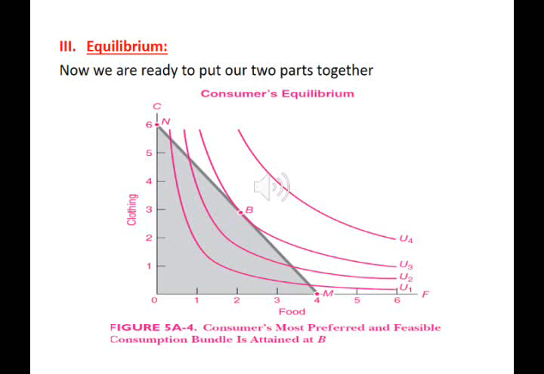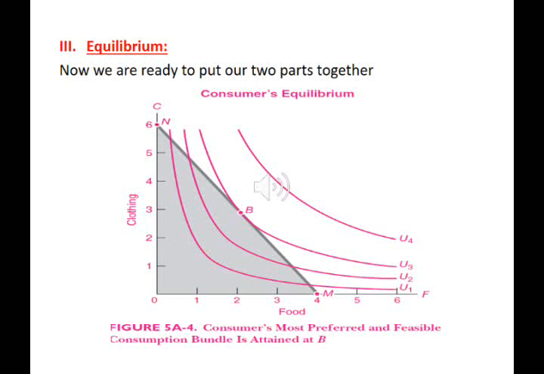So it does not intersect the budget line, it just touches the budget line. Okay, so what are the implications of this point of tangency, of having our consumption bundle at the point of tangency between the indifference curve and the budget line?